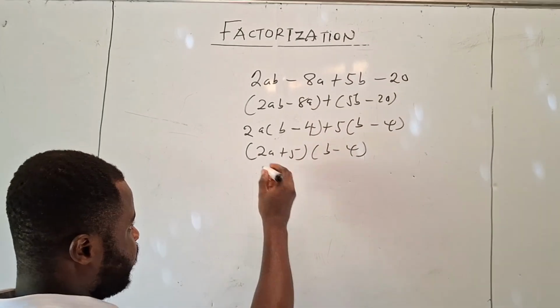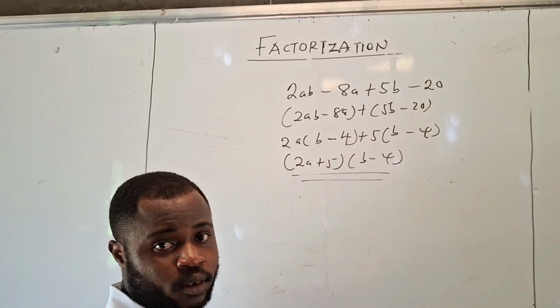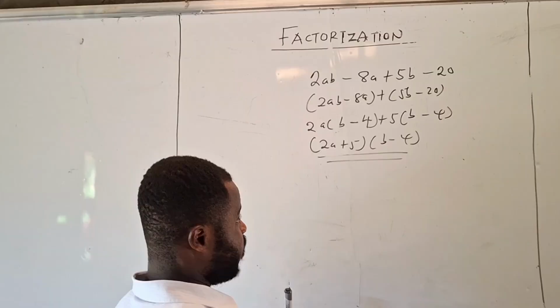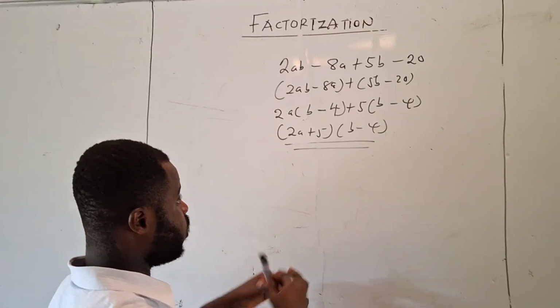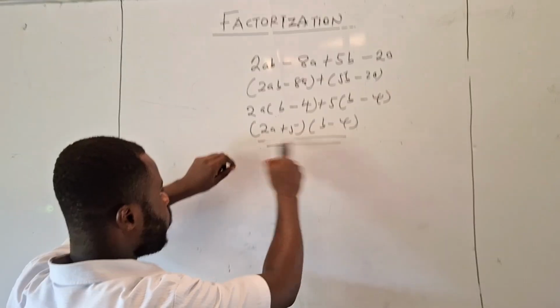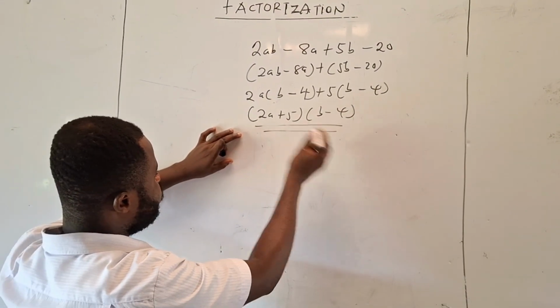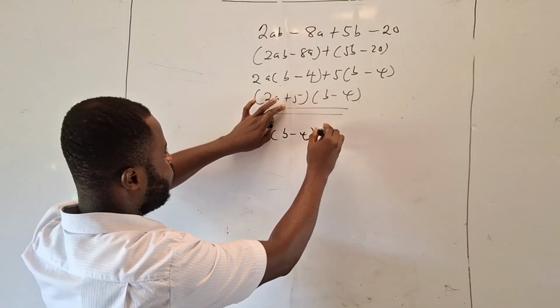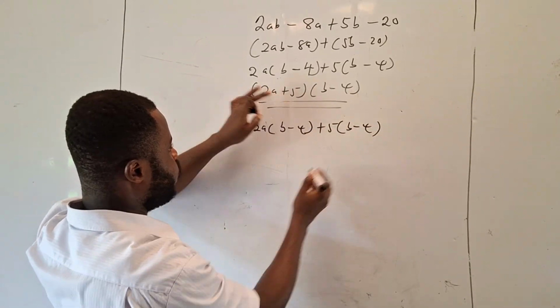Now I told you that this is an inverse of binomial expansion. This is what I mean. Because this is the last question, I just quickly want to show you something here. If you are to multiply using binomial expansion, we can have our 2a, b minus 4, then plus 5, b minus 4.